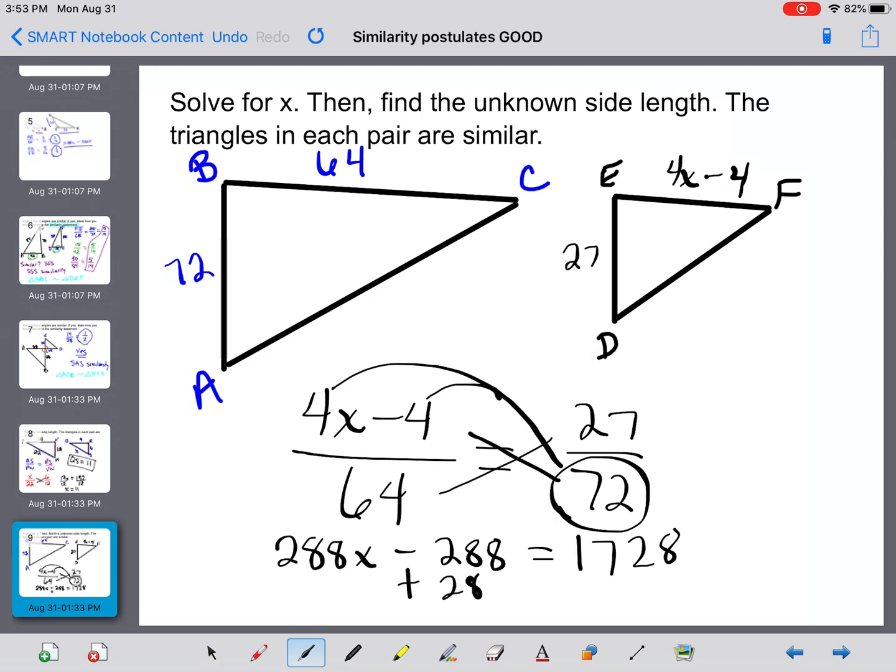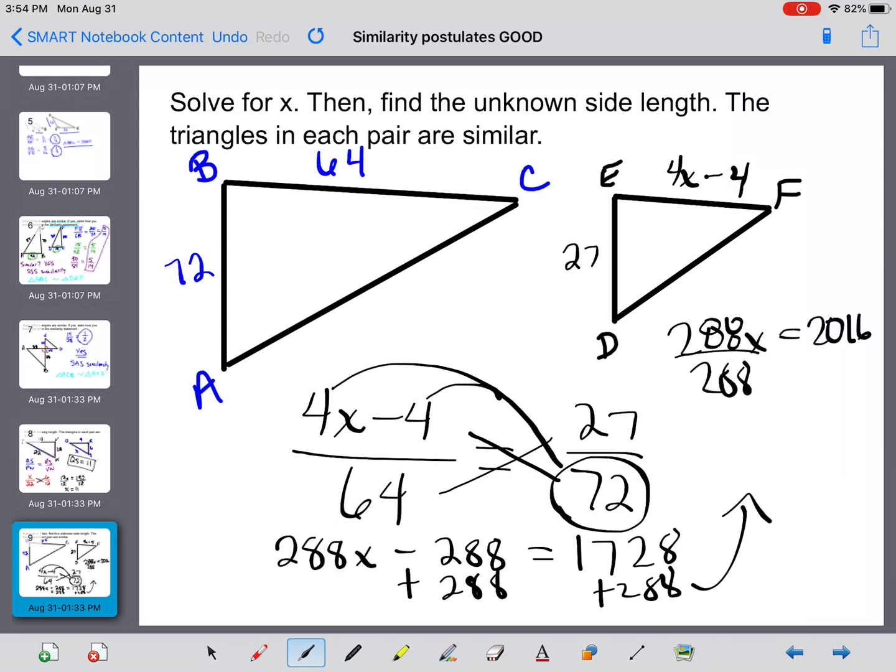We add 288 to both sides. So that would leave us with 288x equals 2,016. Divide by 288 on both sides. And we get x equals 7.